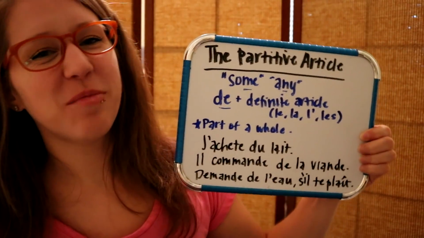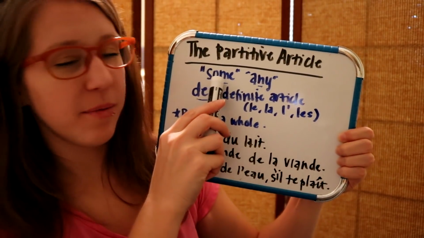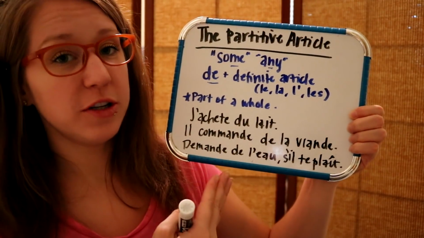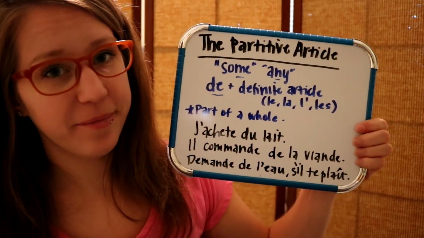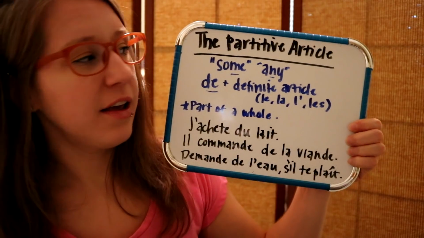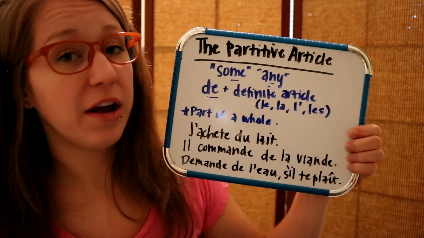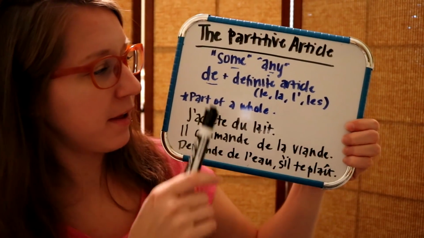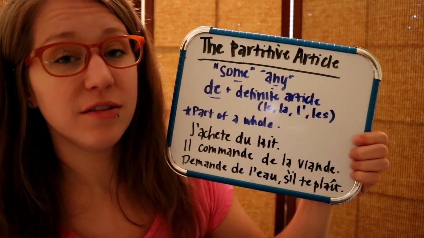Okay, so this is the partitive article. It means some or any. And depending on the situation, the construction of it can vary. This is also a little confusing because the partitive article is made by contracting or utilizing in some way de plus the definite article.